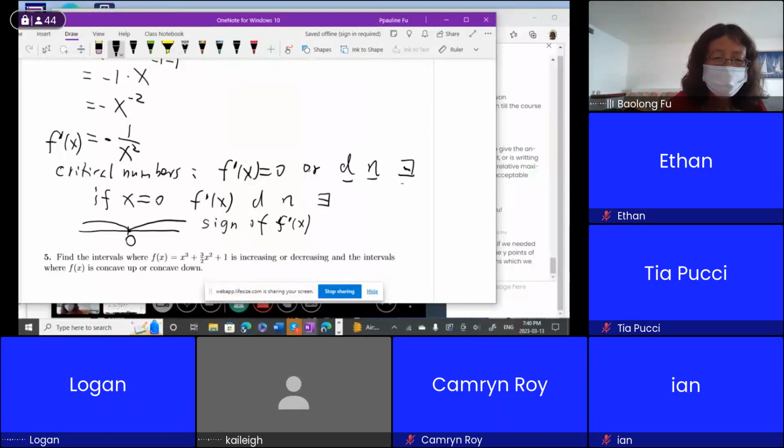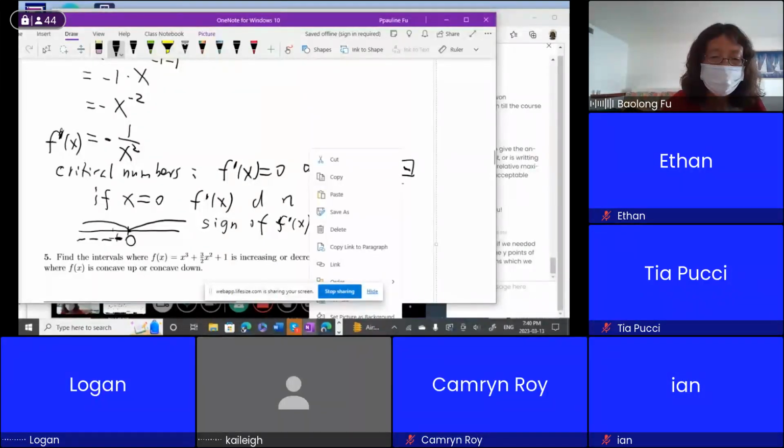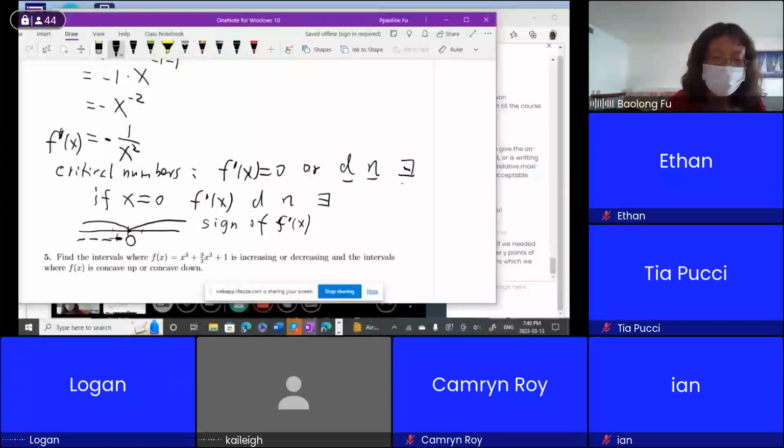Take a number, for example -1. When x equals -1, what is the sign of f'? It is negative. Now take any number in the second interval, for example +1, and plug it into f'. You still get negative.